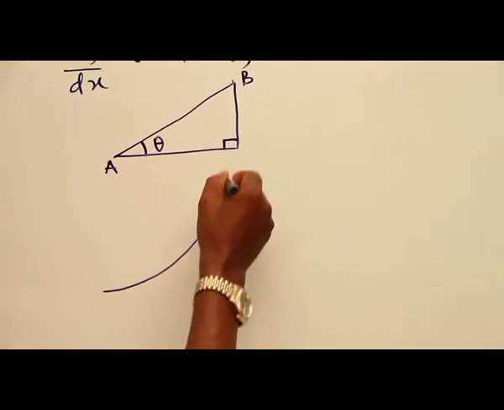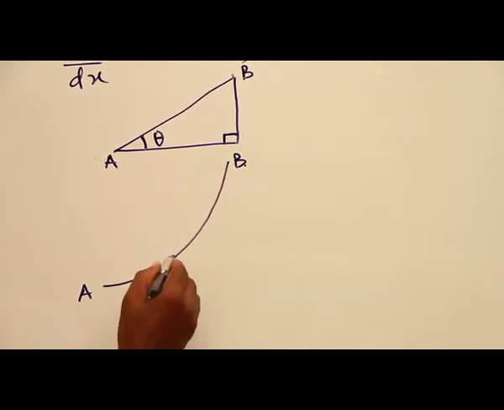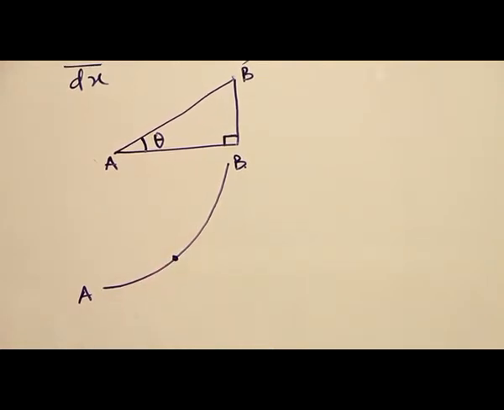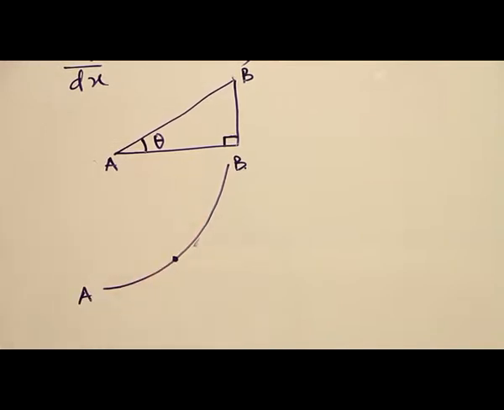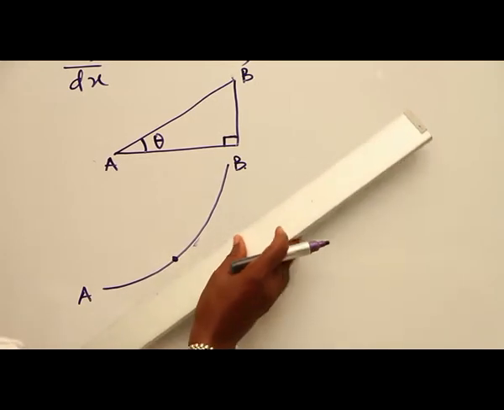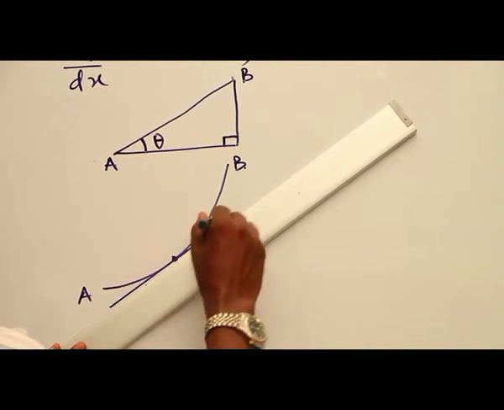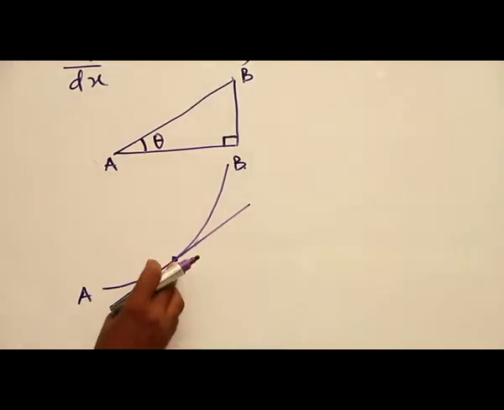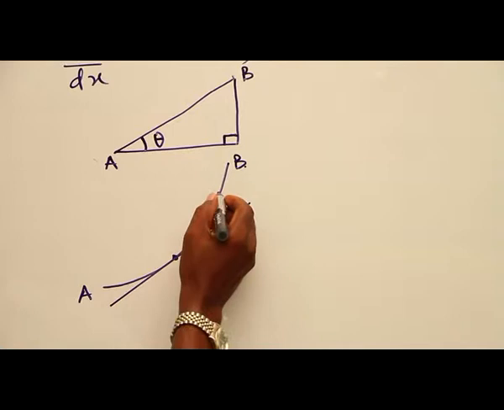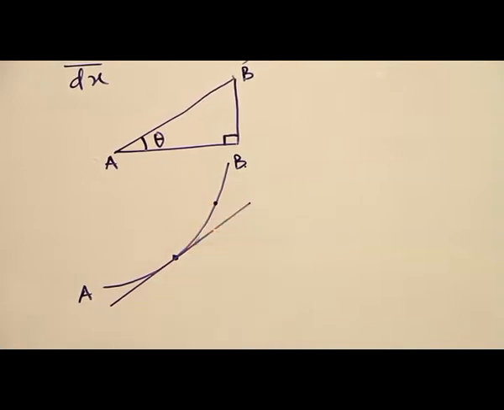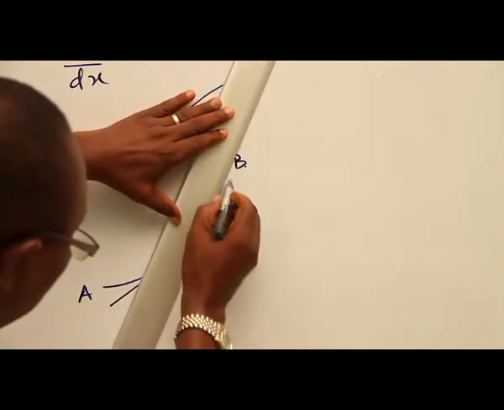Assuming this is your curve AB, and you are looking for the gradient at this point, you draw a straight line that passes through that point like this. We can find the gradient at this point. In a similar way, if you are looking for the gradient at a point here, it means you are going to draw a tangent to that point in this way.